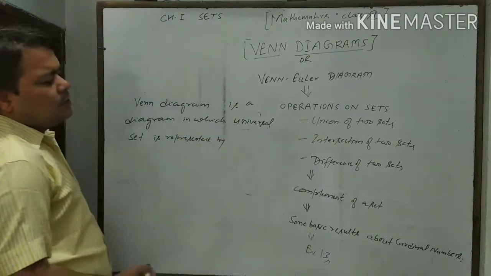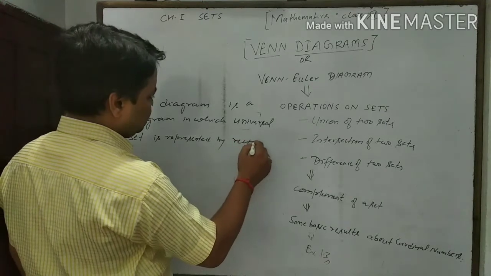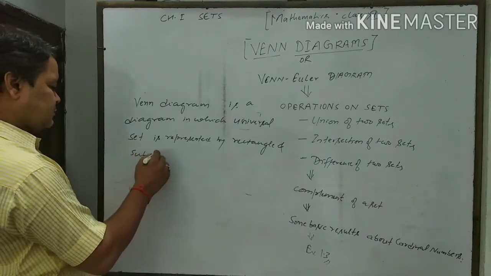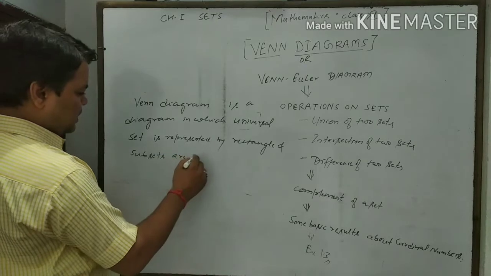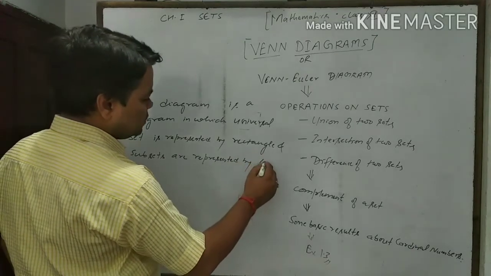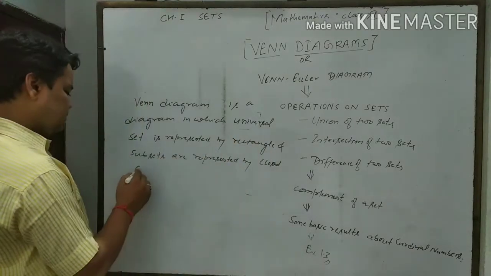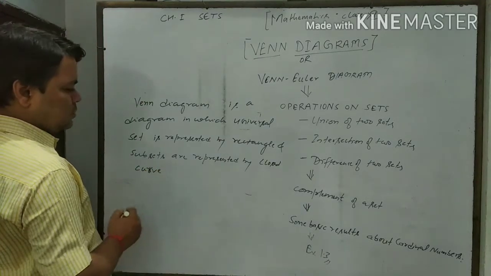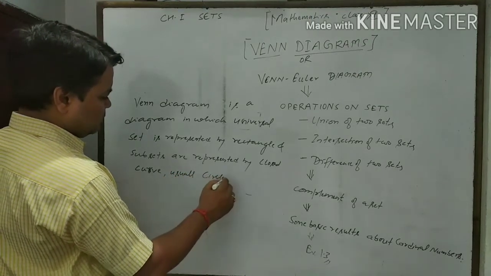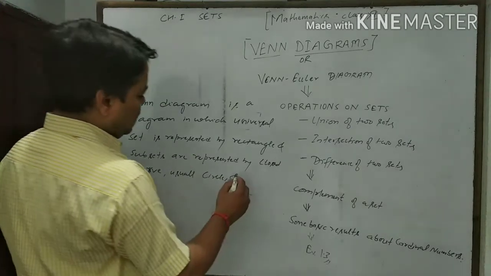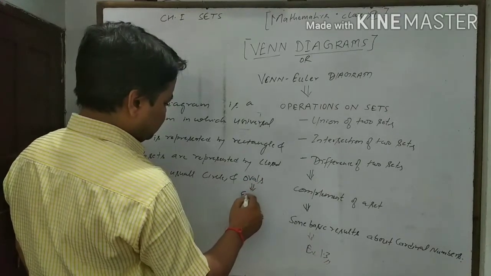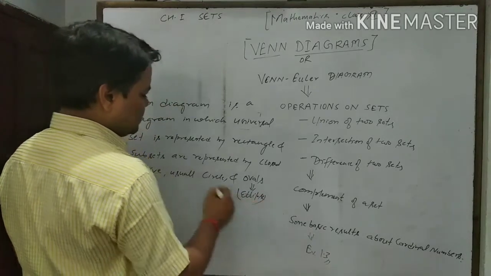represented by a rectangle, and subsets are represented by closed curves, usually circles and ovals, or we can say ellipse shape, circle shape or ellipse shape.